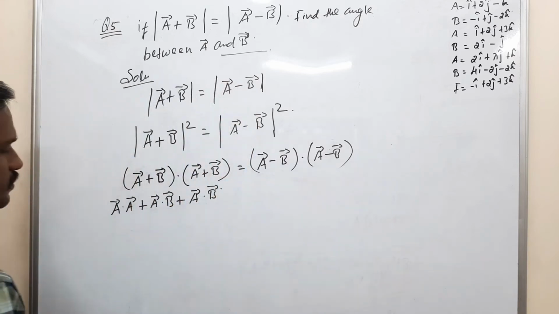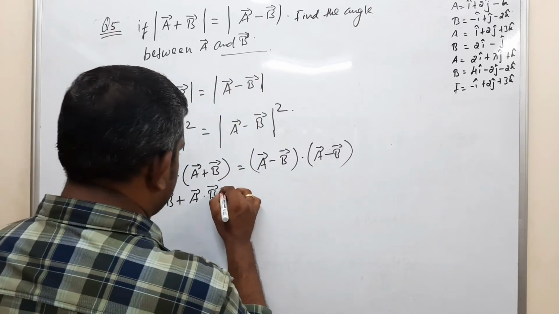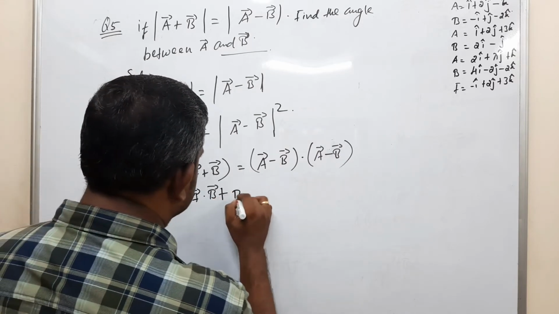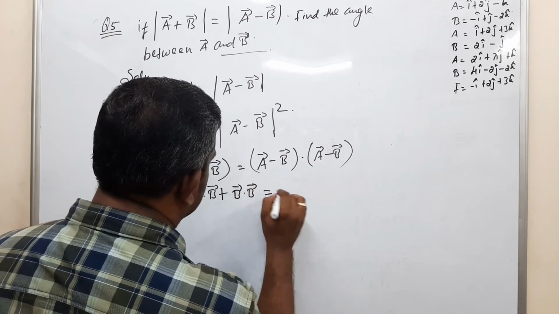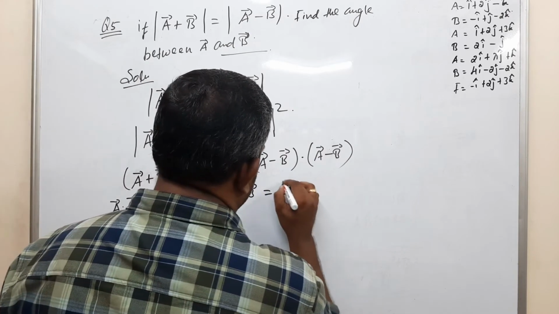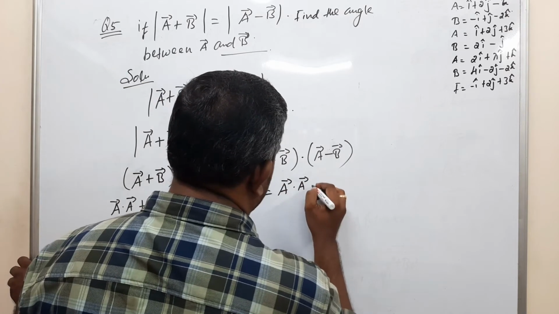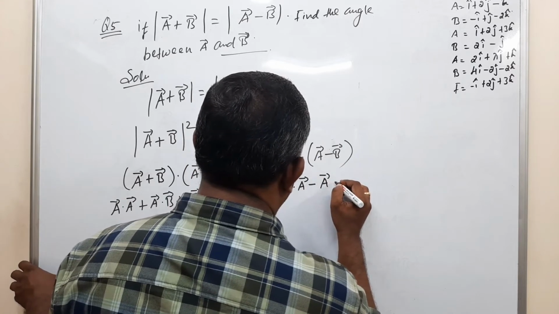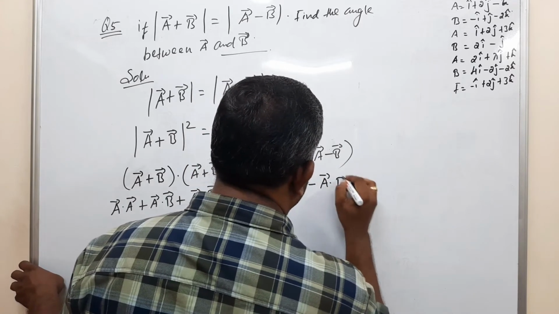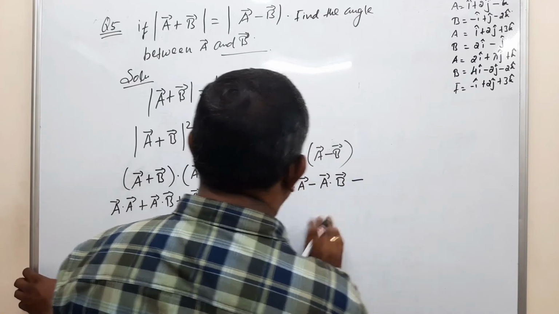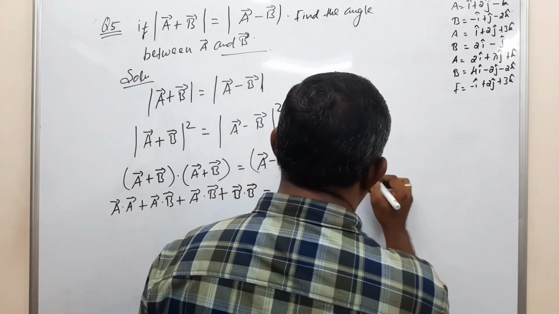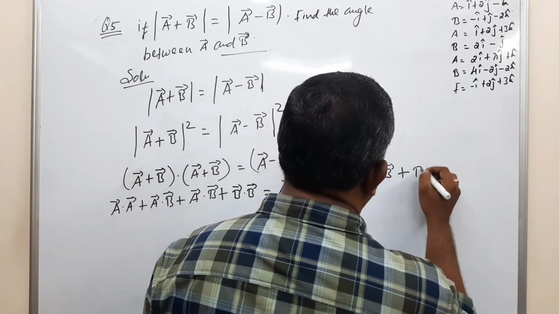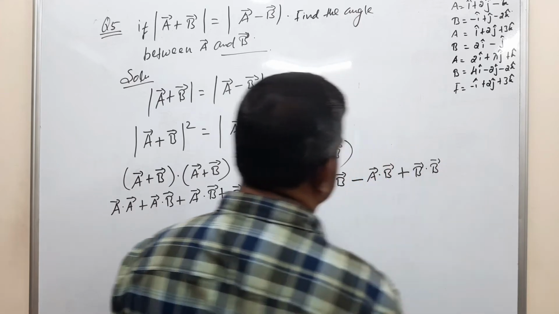Plus B vector dot B vector is equal to A vector dot A vector minus A vector dot B vector minus B vector dot A vector, that is A vector dot B vector, minus into minus plus B vector dot B vector.